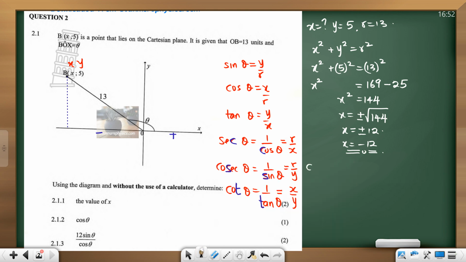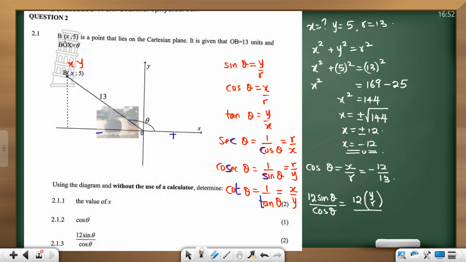So now let's find cos theta. If you know this, it is simply x over r. What is your x? Negative 12 over my r, which is 13. I'm done. Next one. 12 sine theta over cos theta. What is my sine theta? y over r.